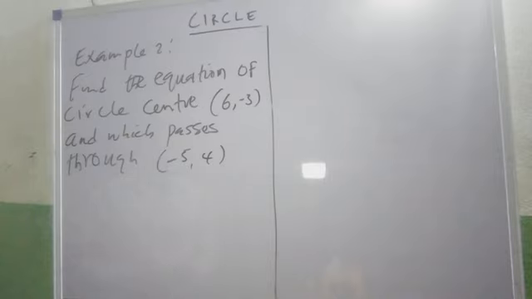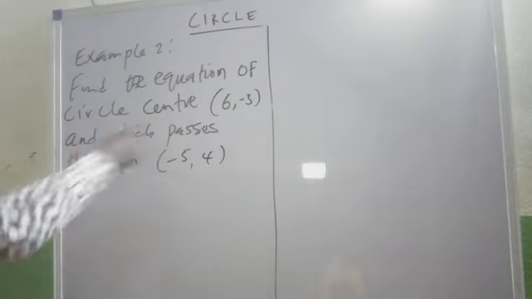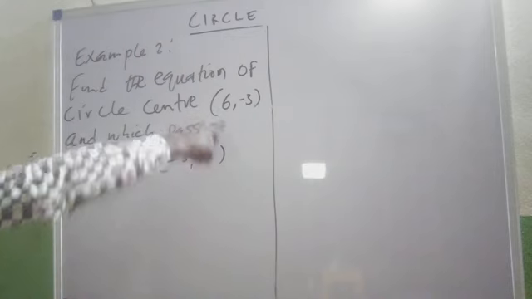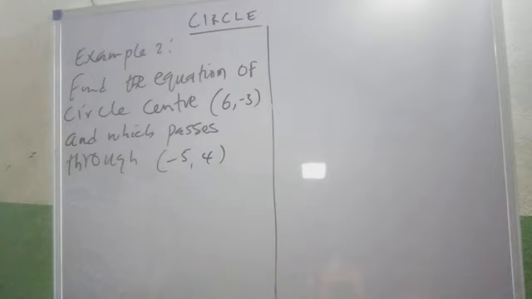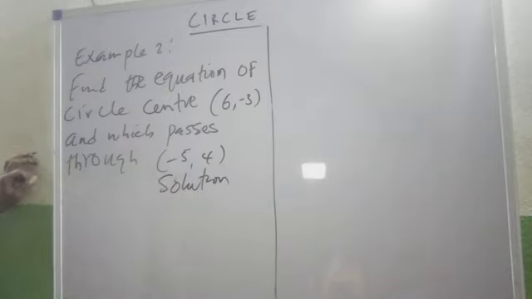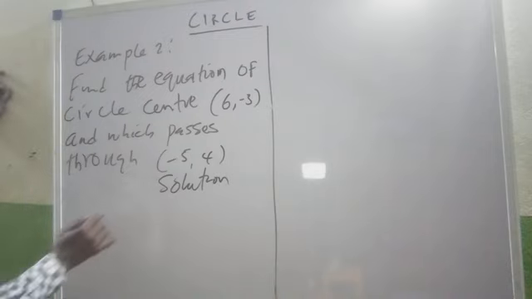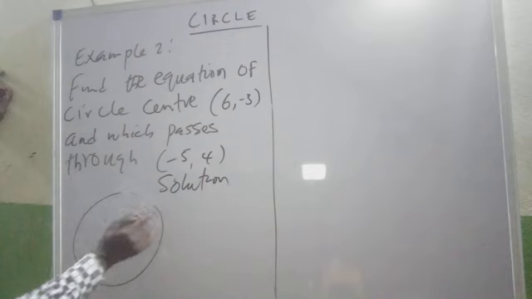Now example 2. Find the equation of a circle with center (6, -3) and which passes through (-5, 4). Let's look at the solution. Let me draw the circle. This is the circle.